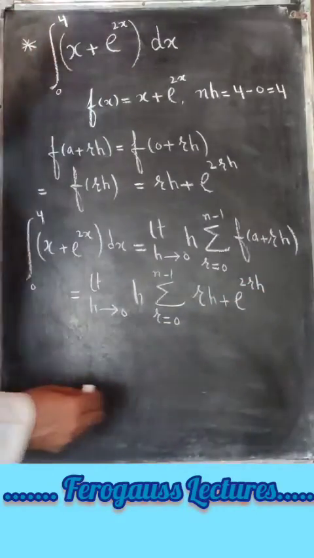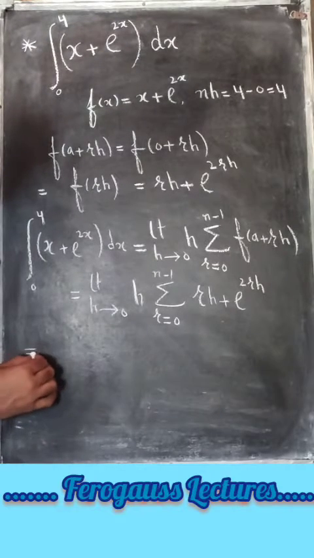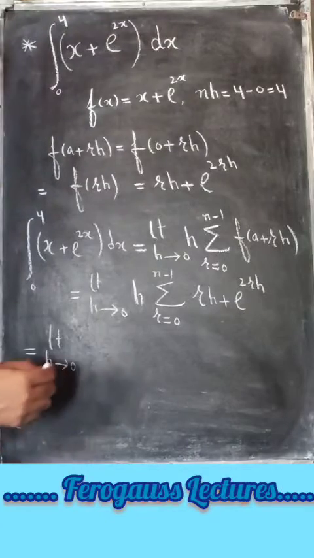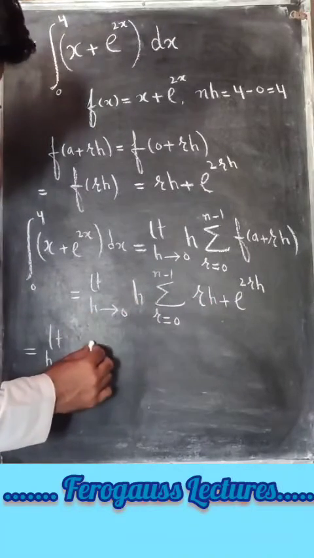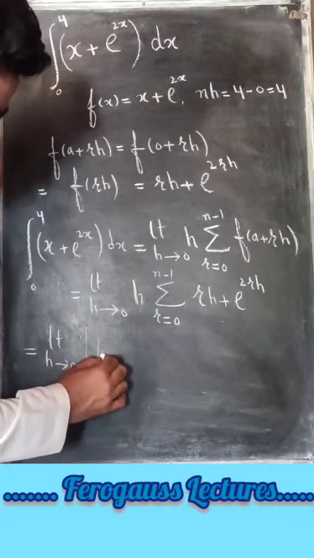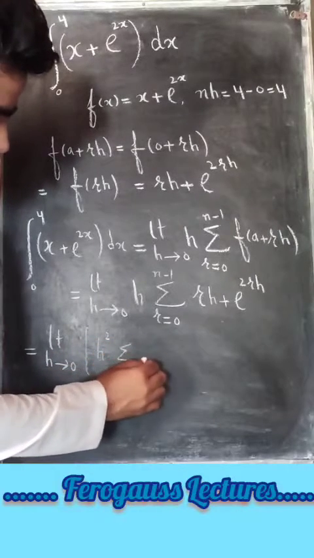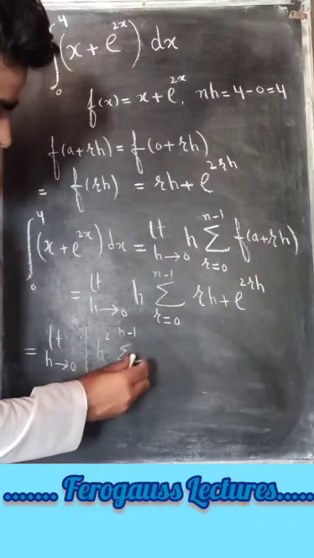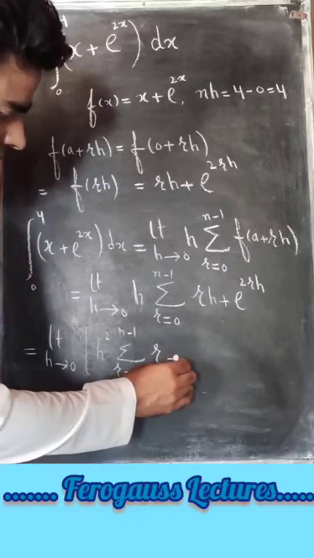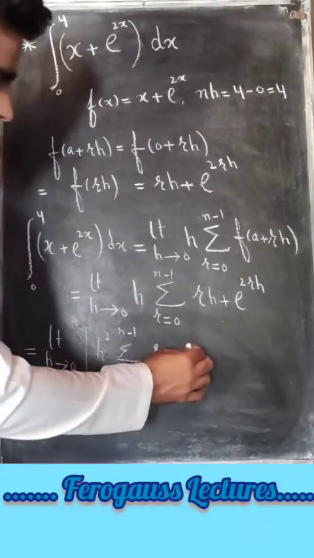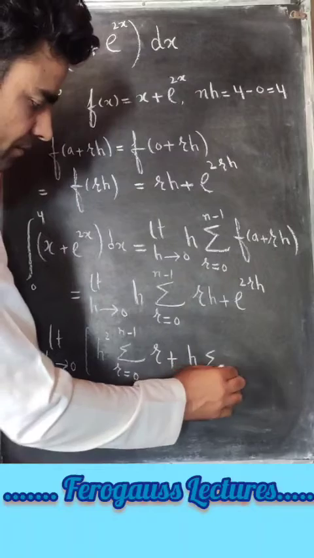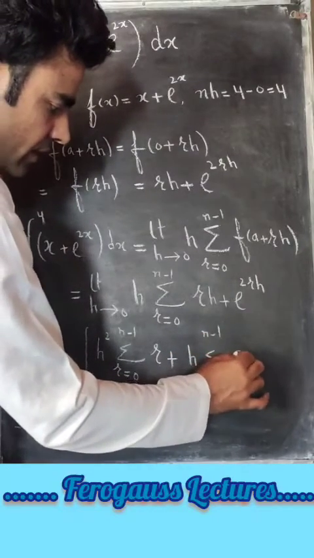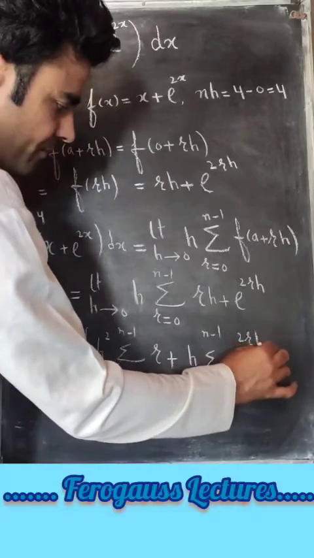That is further equal to limit h tends to 0. Now it is h into h, that's h square, summation r running from 0 to n minus 1 of r, then plus h times summation r running from 0 to n minus 1 of e raised power 2rh.